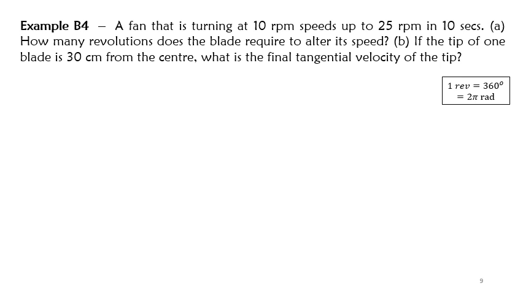Before, it was completing 10 of such cycles every 1 minute. Now it covers 25 revolutions in 1 minute, over 10 seconds. So we can obtain our values in radians per second. I will convert that straight away. Solution.